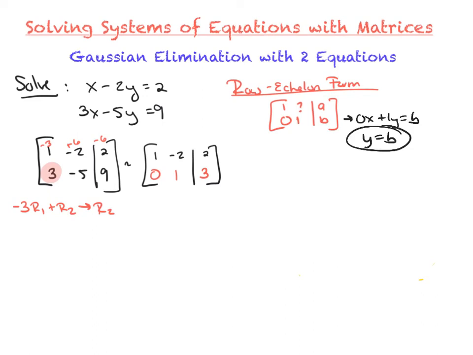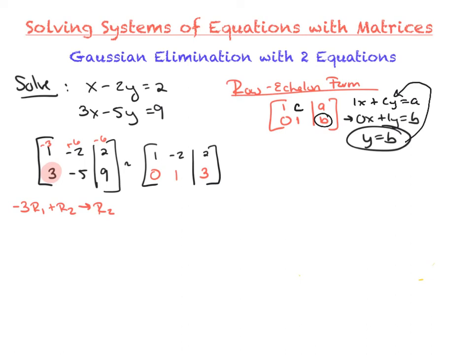Now, if I change that question mark up here to be a number, let's make it c, then we have 1x plus cy equals a. And what we can do is if we have it in row echelon form, we can take the value we get for y equals b, and plug it into the other equation.